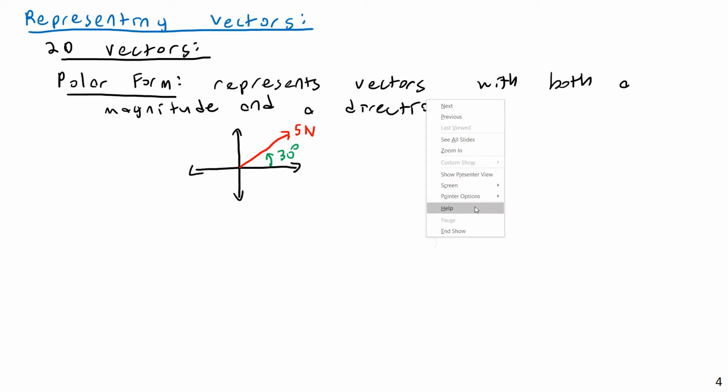Let's say I wanted to designate this vector A. If I was writing this in polar form, I could say that vector A is equal to 5 newtons at an angle of 30 degrees.